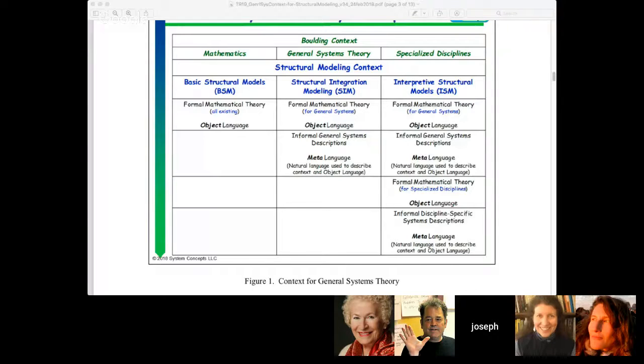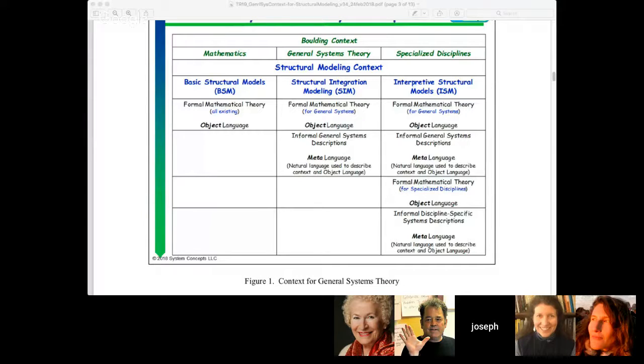So basically what happens here is, in general systems theory, the factual truth, the factual nature realm, is unlimited. In the specialty systems realm, the factual realm is limited. Why is that different?